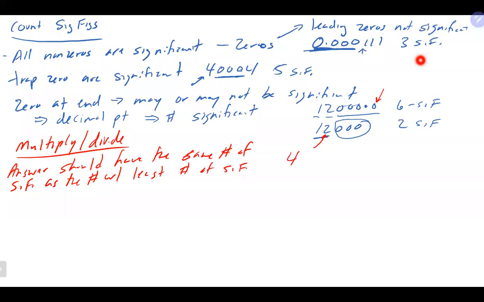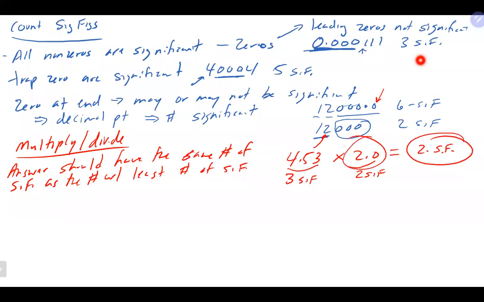So if you took 4.53 times 2.0, this has 3 significant figures. This one has 2. Your answer should end up with 2 significant figures based off of the 2.0.